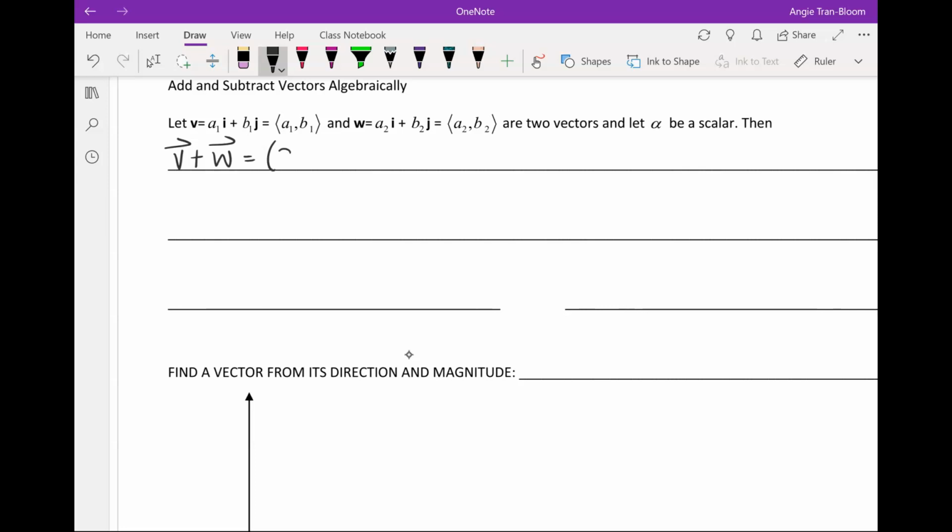But what you do is you take a1, you add a2 in the i direction, that's the horizontal direction, plus b1 plus b2 in the j direction. Okay. Now, in terms of writing it as a component, it's a1 plus a2, comma, b1 plus b2.